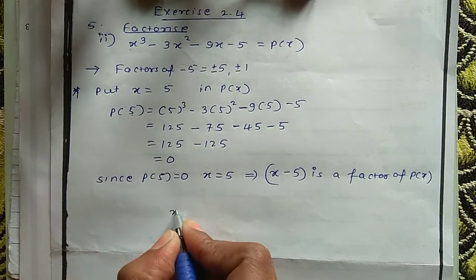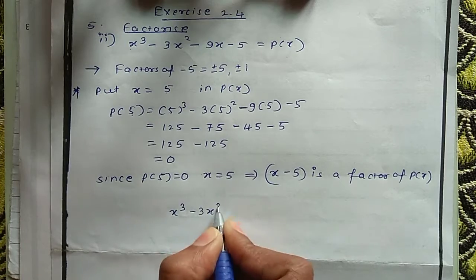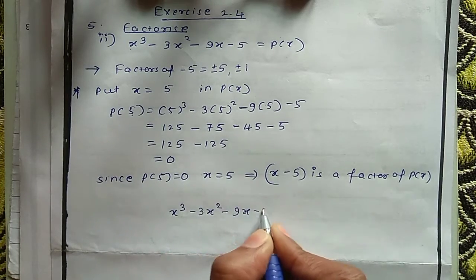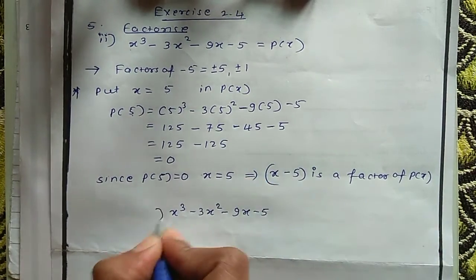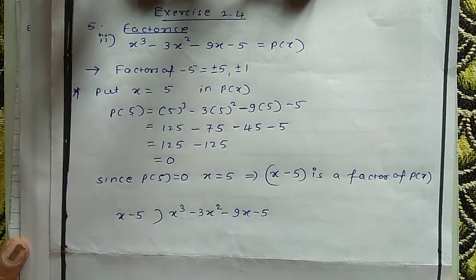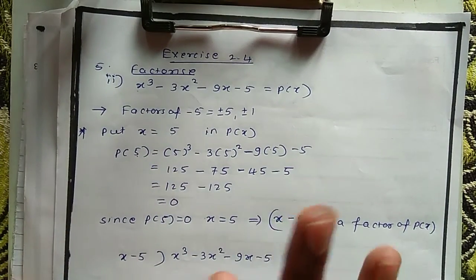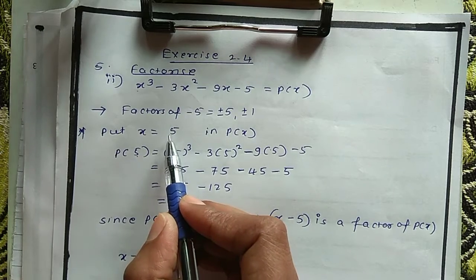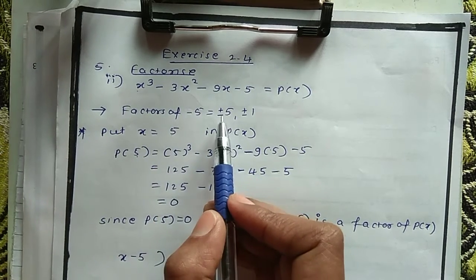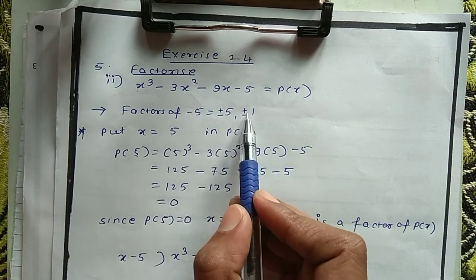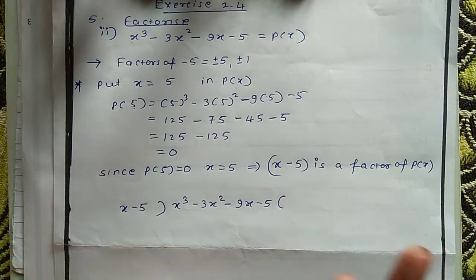Just divide the given polynomial with one of the factors. One factor you got, two more factors you should get. You can put plus 5, then minus 5, then plus 1, then minus 1, but it is better to learn the division method.